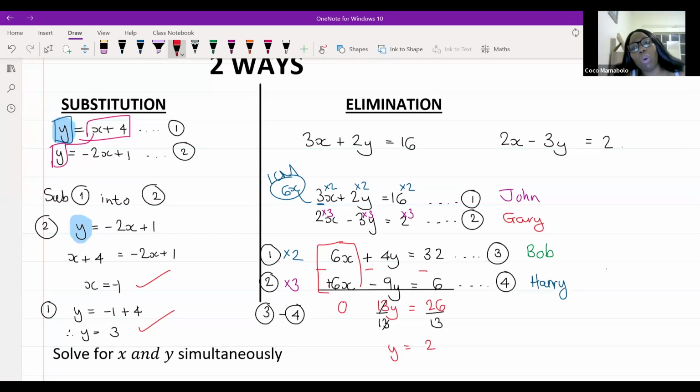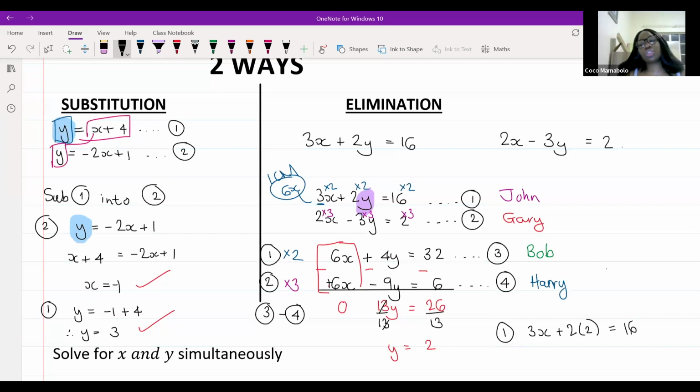Now that I have y, I can go back to either equation John or equation Gary, and I can figure out what x is equal to. I'm going to use equation 1. So in equation 1, I know what y is equal to. I've got 3x plus 2y. I'm going to replace y with 2. So I'm going to get plus 2 times 2 is equal to 16.